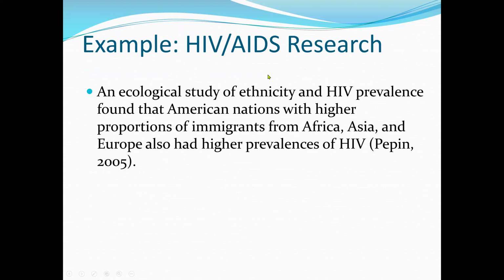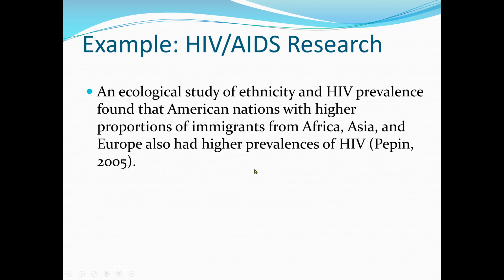So here is an example of ecological studies in HIV/AIDS research. An ecological study of ethnicity and HIV prevalence found that American nations with a higher proportion of immigrants from Africa, Asia, and Europe also had higher prevalence of HIV.